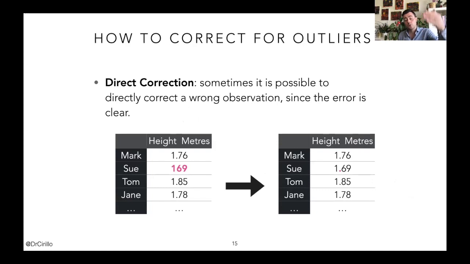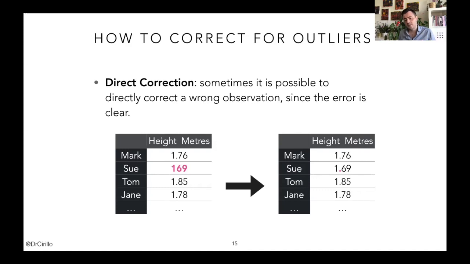So imagine that you are observing the height of people, as in our previous example. At a certain point, I see that on the second row, I have 169, and all the heights of people are expressed in meters.